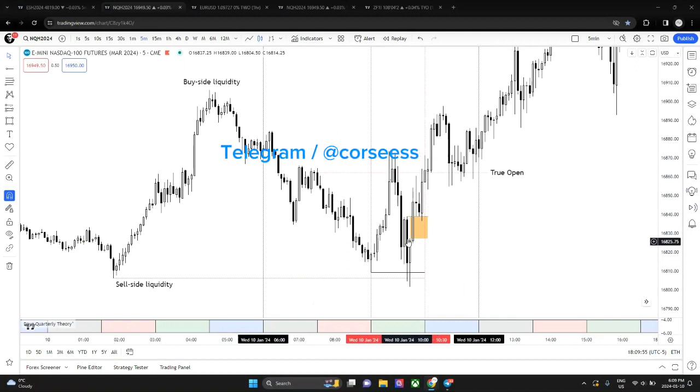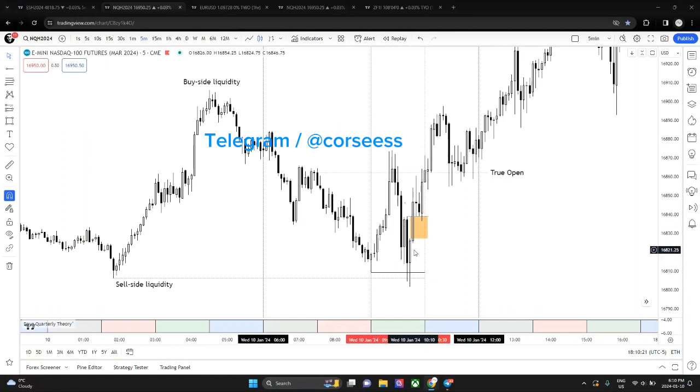After price traded above this down close candle right here, which is an order block, you know, basics, the last down close candle before the up move, right? This is the order block right here. So price took liquidity, traded above here, right?